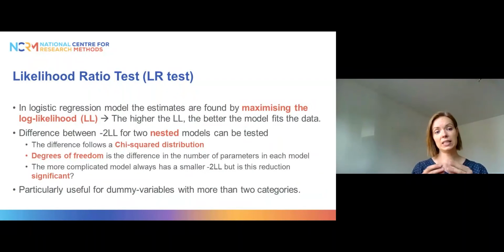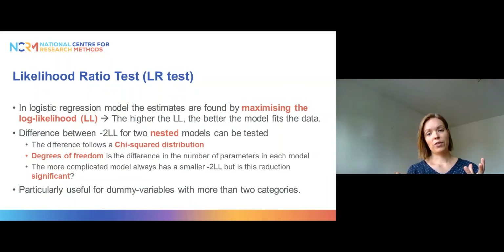If we take this value and multiply it by -2, we get something that we can use to test differences between two models. So if we calculate the -2LL value for two nested models, then by nested models I mean that there are some variables that are in common, and then one of the models has more variables than the other.